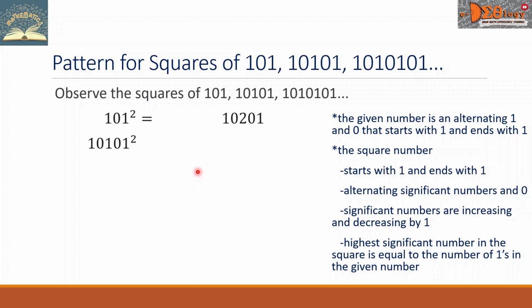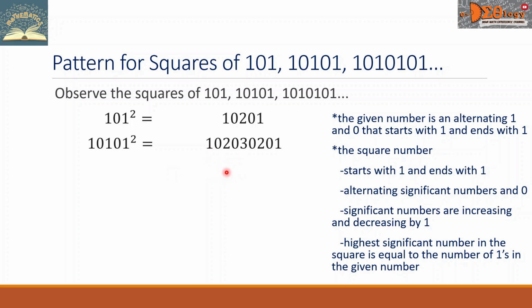10,101 squared. And this is the answer, 1,0,2,0,3,0,2,0,1. Notice that the square number starts with 1 and ends with 1. This number is an alternating of significant numbers and 0.